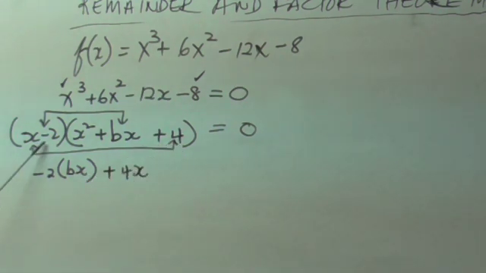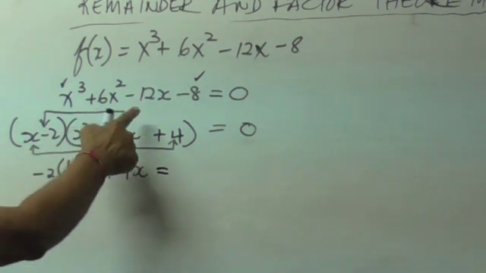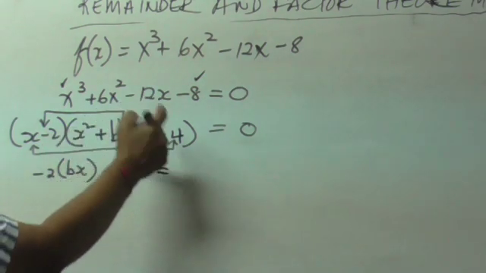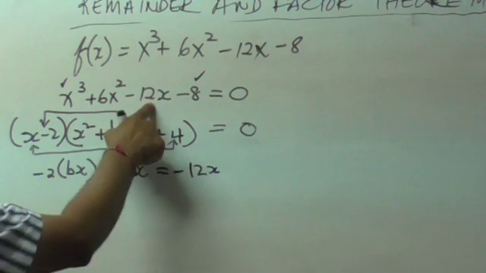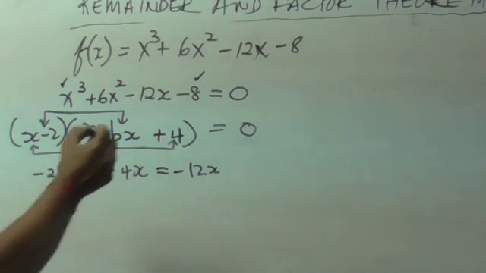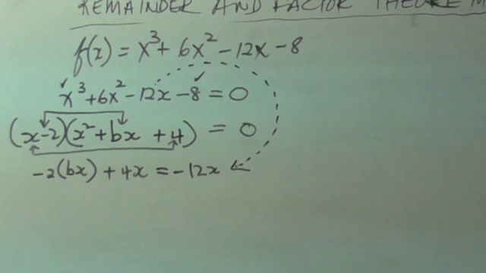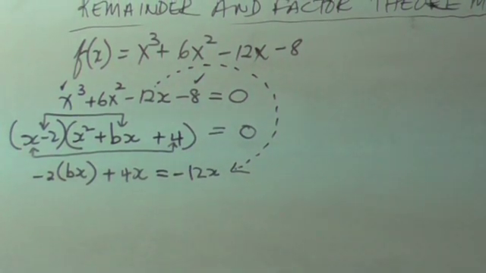So minus 2 times bx gives minus 2bx, and x times 4 gives plus 4x, which is equal to the original minus 12x. That times that gives you minus 2bx, that times that gives you 4x, and this you are getting from the original. Alright, we are just going to pause for a minute here.